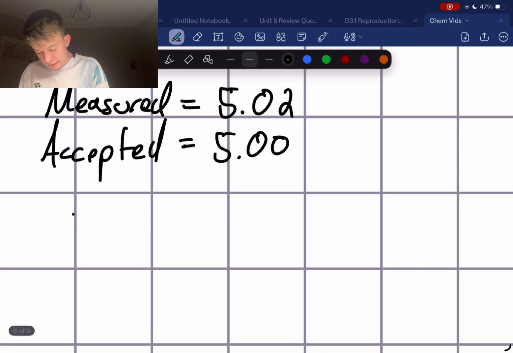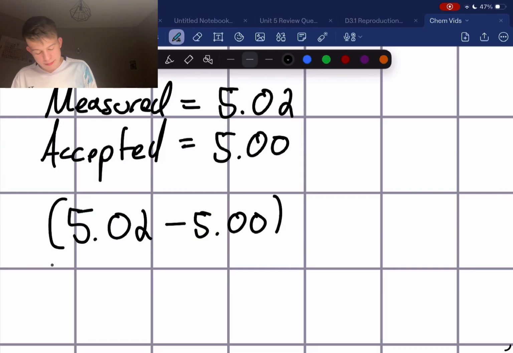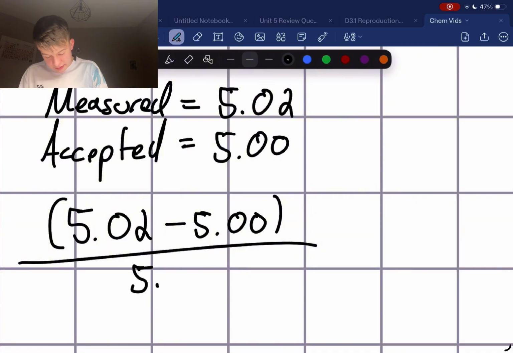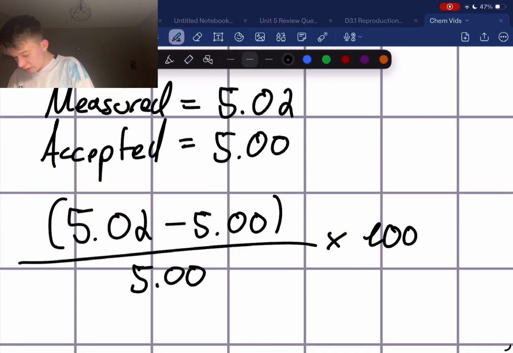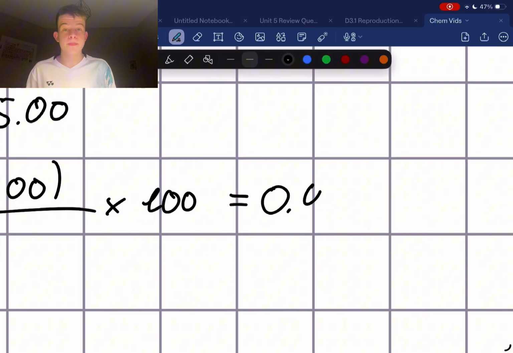So we do 5.02 minus 5.00, in brackets, divided by 5.00, times 100, and that will give us 0.4%. So the percentage error is 0.4.